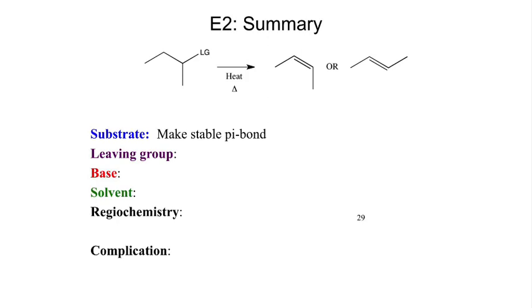SN2 has a different issue. I moved the wrong direction there. Okay, it is making the stable pi bond, because that backside of that bond really isn't all that impacted because you're talking about the hydrogens. Whoops. The chemistry of your hydrogen coming in.